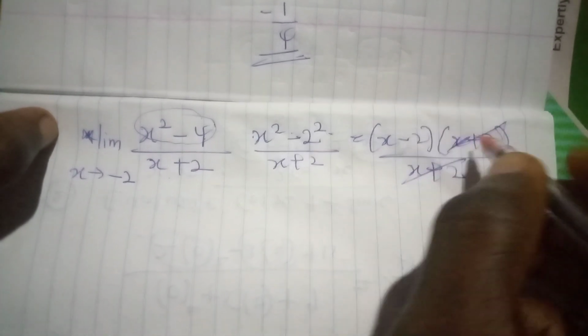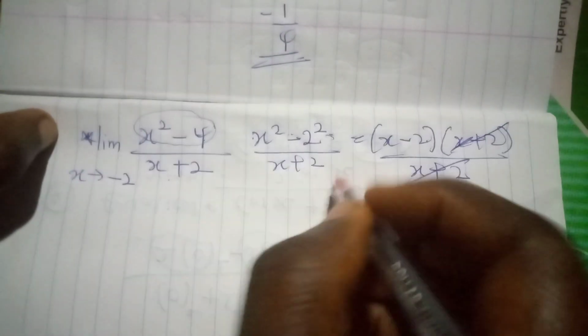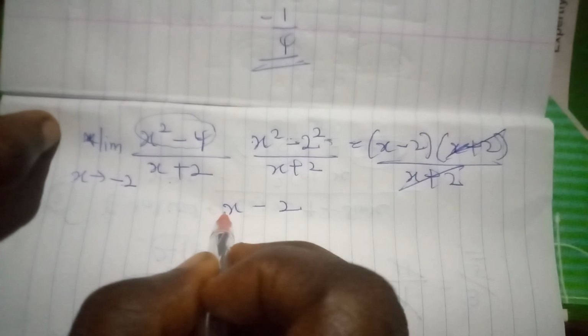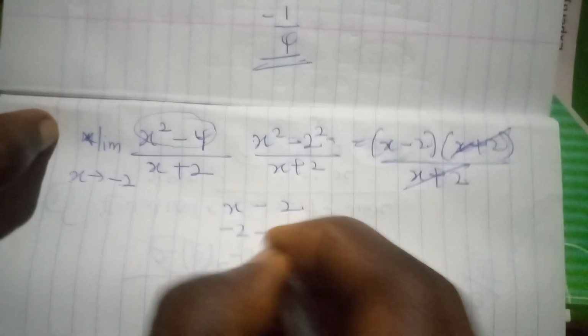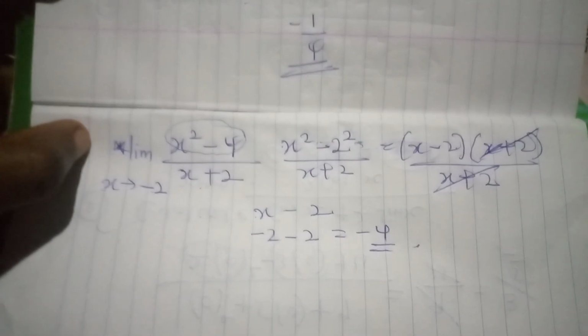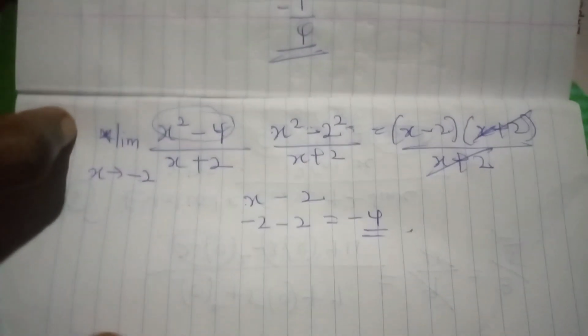We cancel this because we can factorize it. So we have x minus 2 left, and they say x tends to minus 2. You now put your minus 2 here. That means minus 2 minus 2. Our answer is minus 4. That is by factorization.